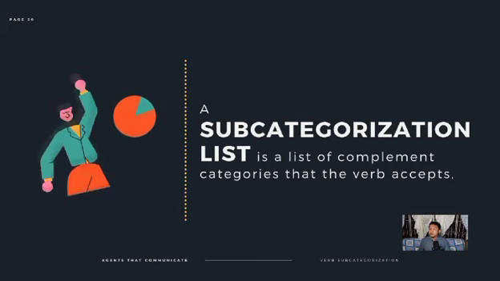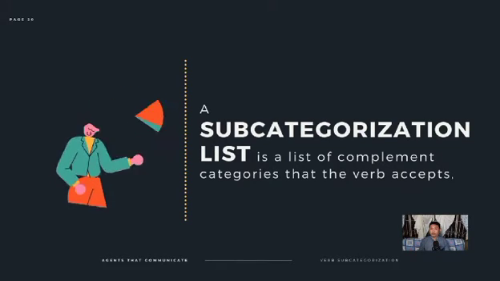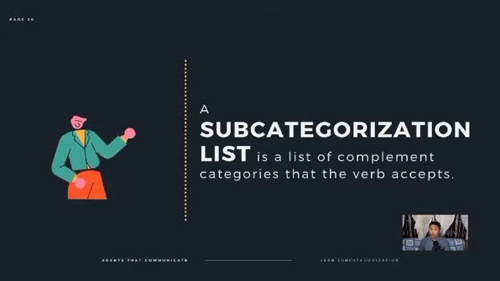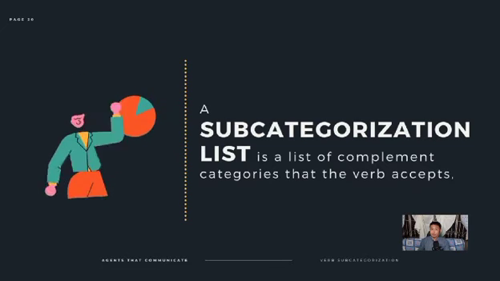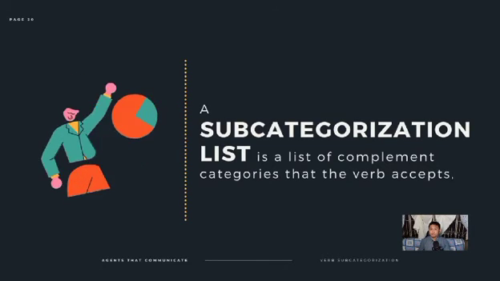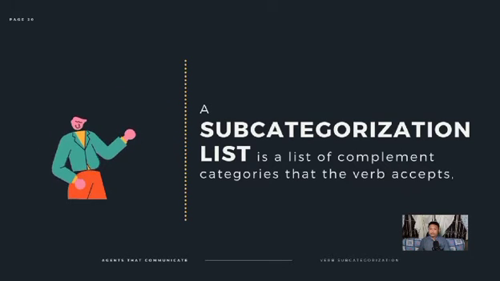It is also important to know what subcategorization list a verb does not take. The fact that give does not take the list PP, or the pronoun phrase, means that give to me is not itself a valid verb phrase. Diba? So, give to me, hindi naman siya valid na verb or action phrase.